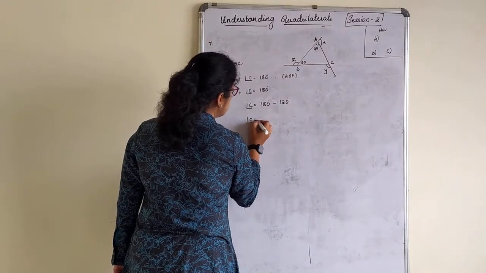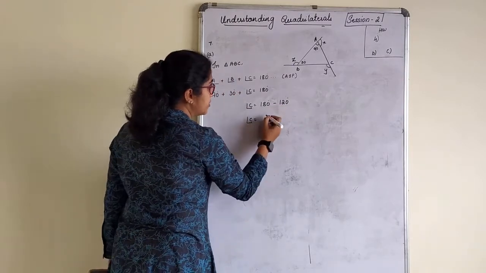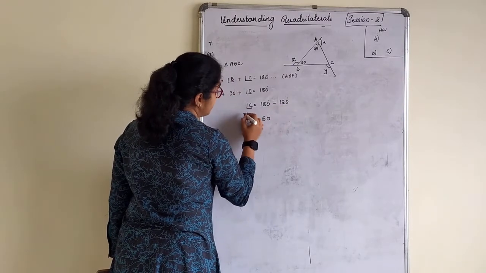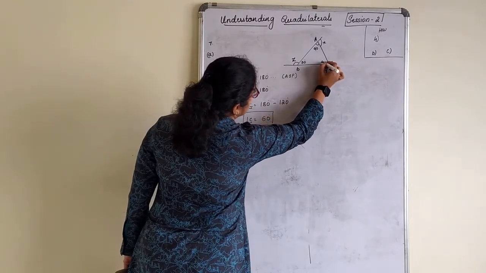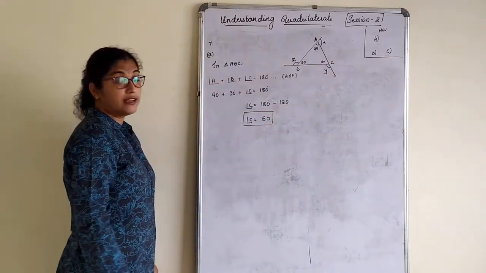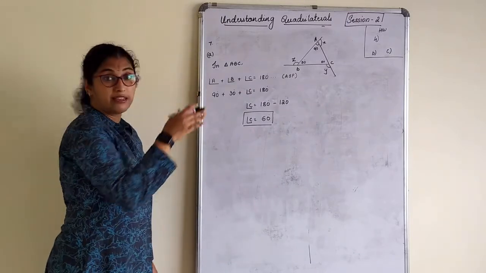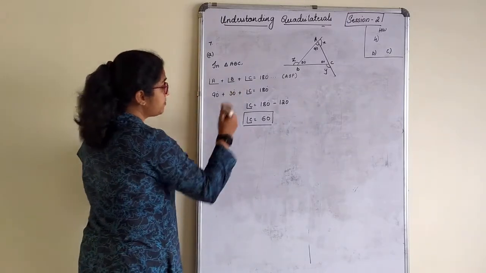So angle C is equal to 180 minus 120, which is 60 degrees. I found that angle C is 60. Okay. Now let's find out the remaining angles.